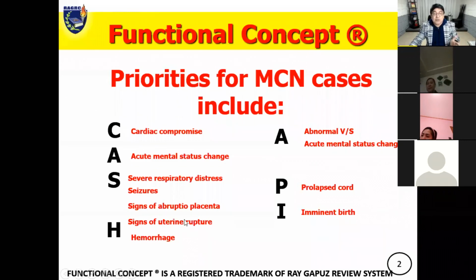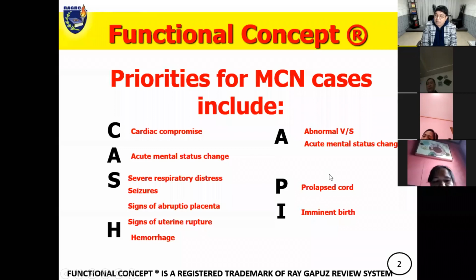Then signs of uterine rupture, like prolonged contraction, meaning the contraction is beyond 100 seconds. Also hemorrhaging and abnormal vital signs. When you say abnormal vital signs, let's talk about the heart rate. When the heart rate is below 40 or above 130, you consider that a priority.